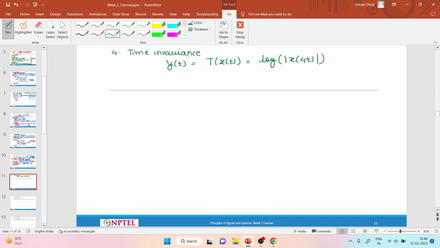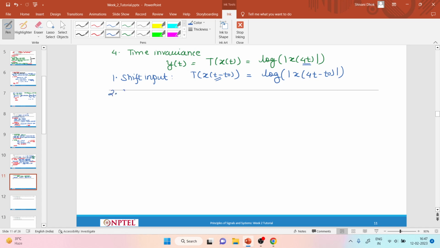So for that, let us first shift the input. That is, look at x of t minus t naught. And this is equal to log of mod of x of 4t minus t naught. This is only affecting your t. So it will only affect this t and nothing else.